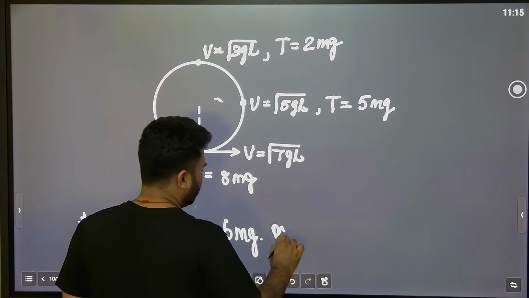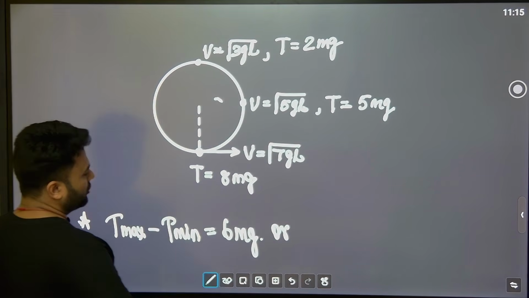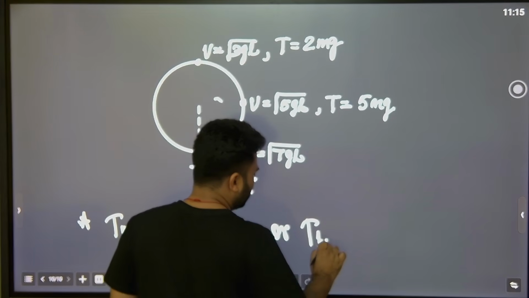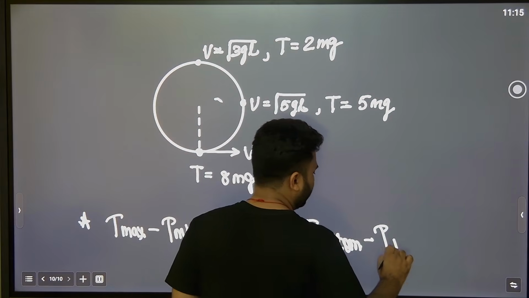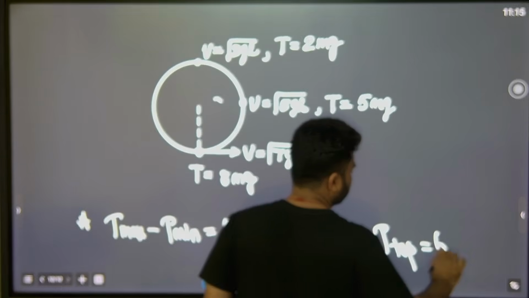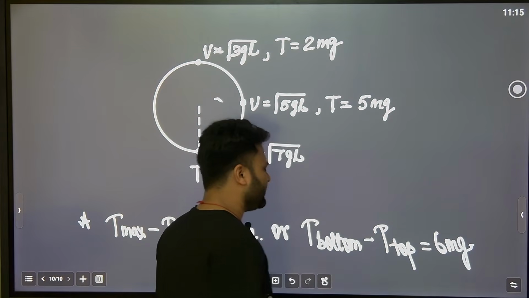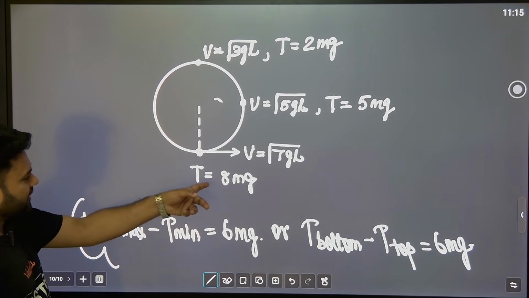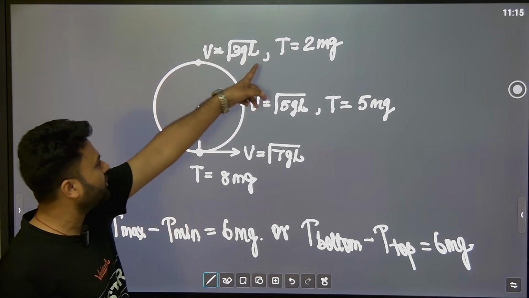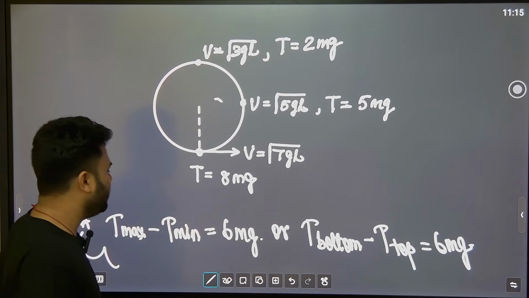Or you can write tension at the bottom minus tension at the topmost point will always be 6 mg for all the cases, any case. So you remember this. See here also tension at the bottom is 8 mg, tension at the top is 2 mg. So their difference will be 6 mg.